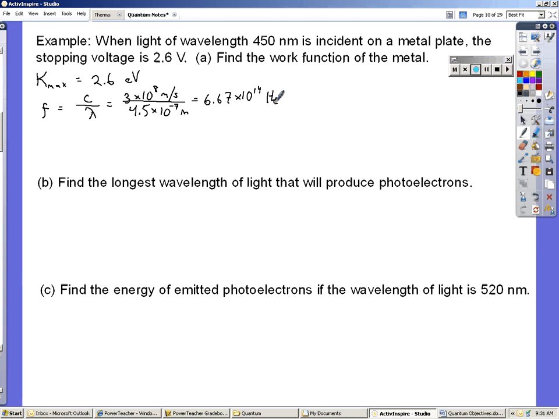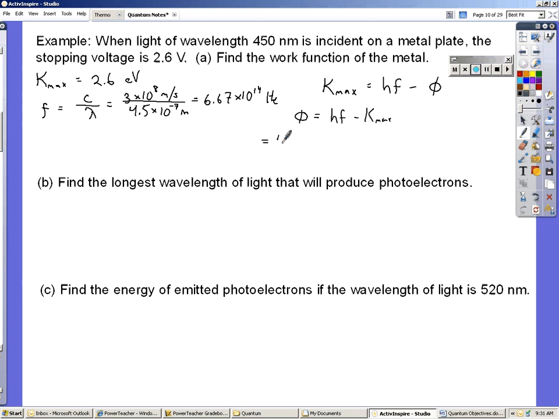We're going to use the idea that the maximum kinetic energy equals the photon energy hf minus the work function phi, and solve for phi. So that means phi equals hf minus Kmax.